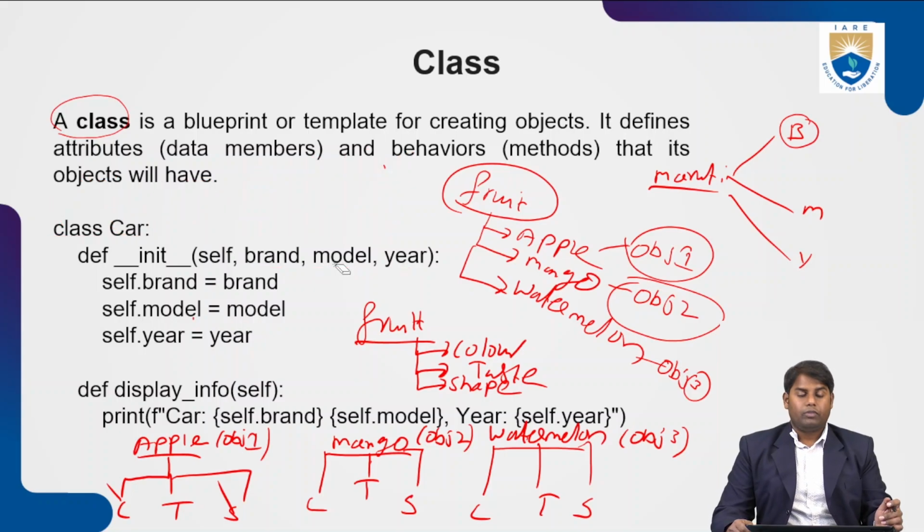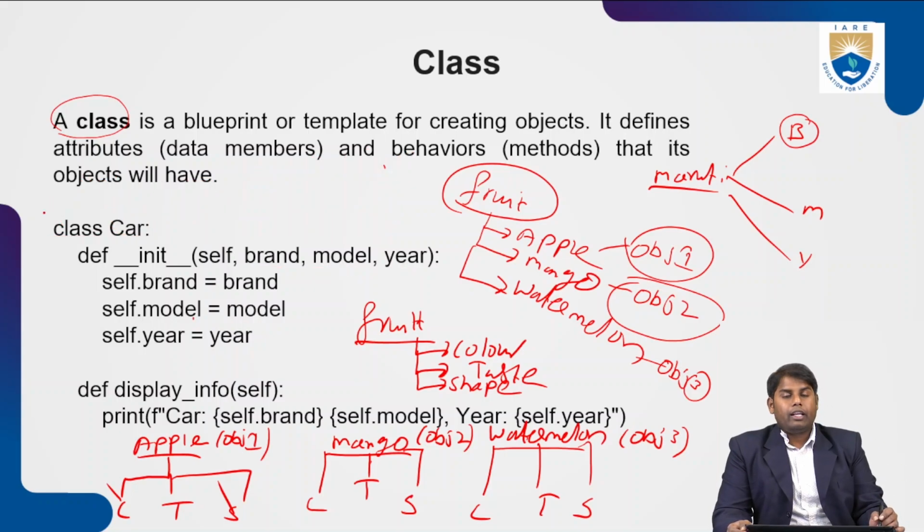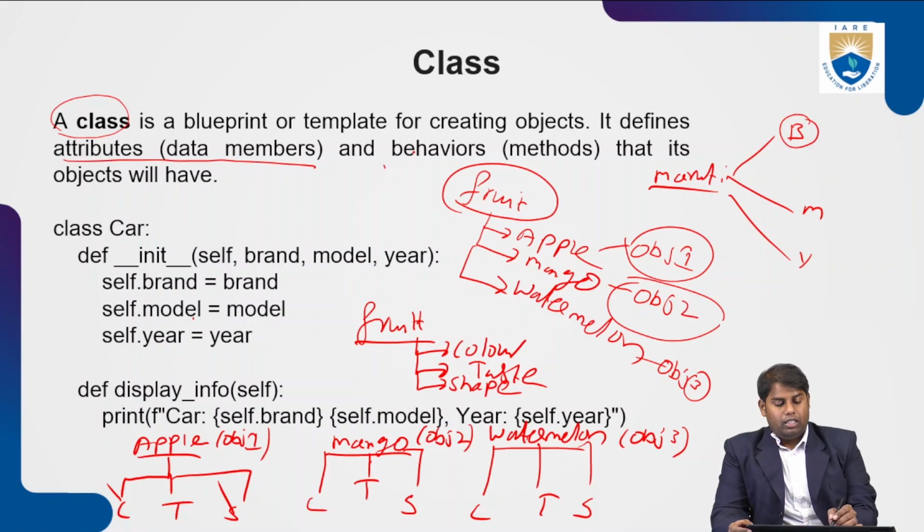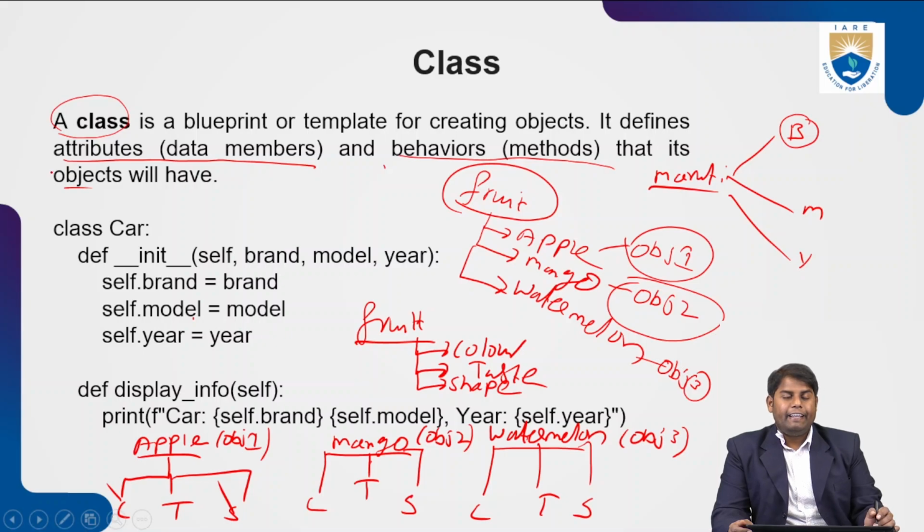Now you can see that the class has data members, behavior methods, and objects. In the class you will have data values, let's say data types like integer, string, float, boolean.